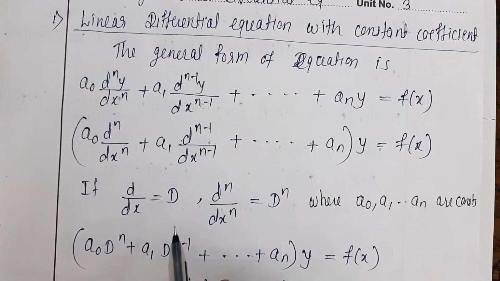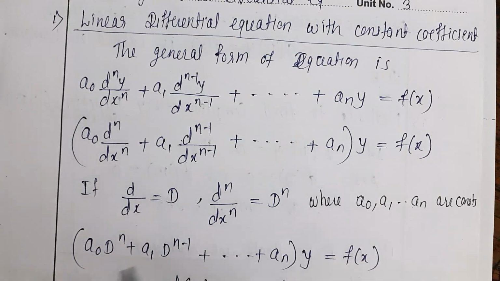In the previous two videos on vector differential calculus we studied the operator del. Now in differential calculus the operator is D. That's why all the methods we are going to study to find the solution of a differential equation are operator methods, and here the operator is D. D is a differential operator denoted by d by dx.